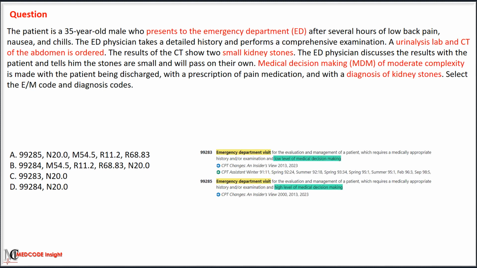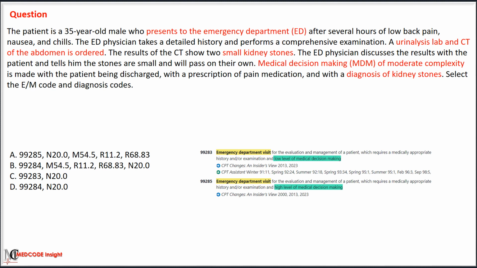The patient was diagnosed with a kidney stone with medical decision making of the moderate level and discharged with a prescription of pain medication. Based on the medical decision making, we will first eliminate option A, which includes code 99285 for the emergency department visit with a high level of medical decision making.